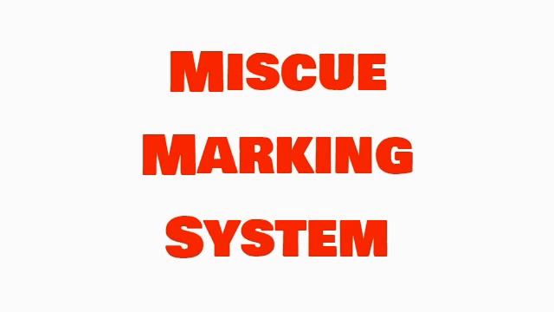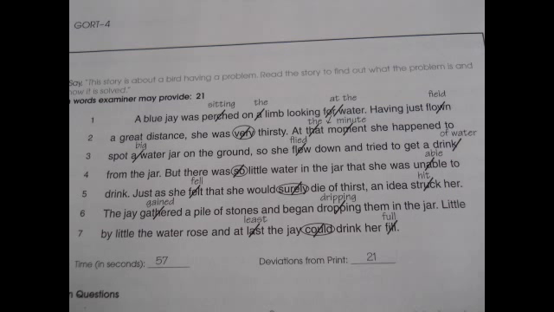Now, the miscue marking system is more complicated, but it provides more insight into the student's reading strategies. If you prefer to use this system, it is recommended that you record the session. I won't go too much into the specifics of the miscue system since it has room for adaptations based on personal preferences. The main difference is that you would write out what the student read over the deviated term.